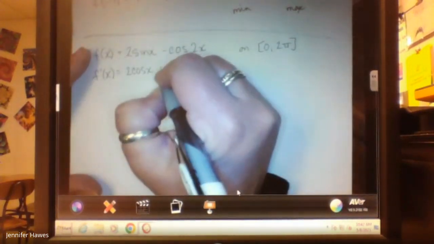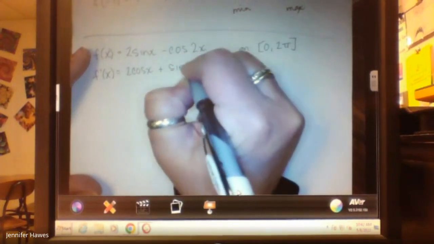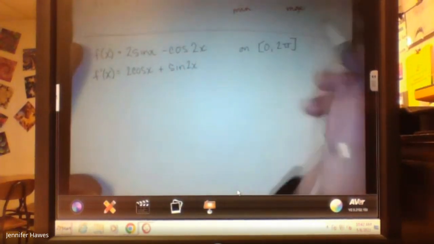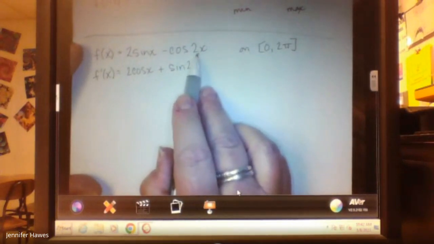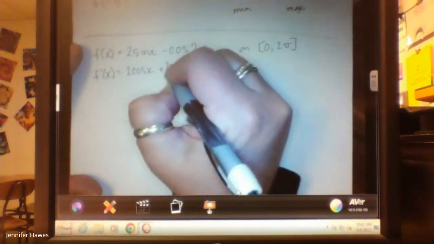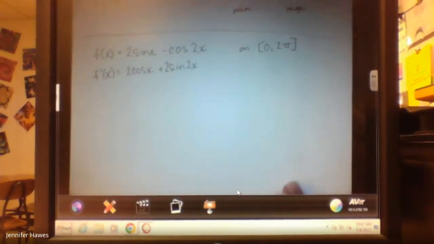Okay, we good there? And then what's the derivative of this? I'm just going to put that in front, not behind it. So it's kind of like the derivative of that and then the derivative of the other stuff.